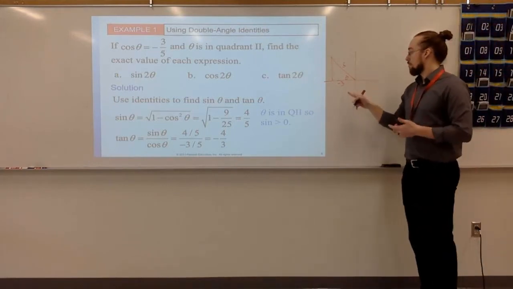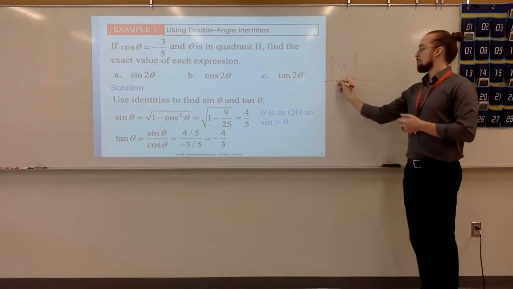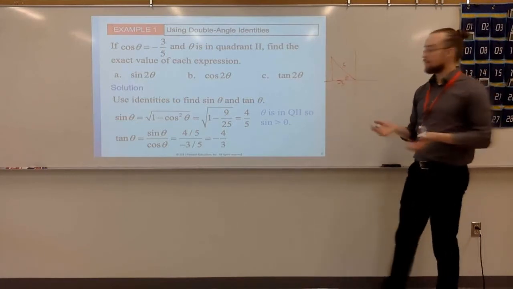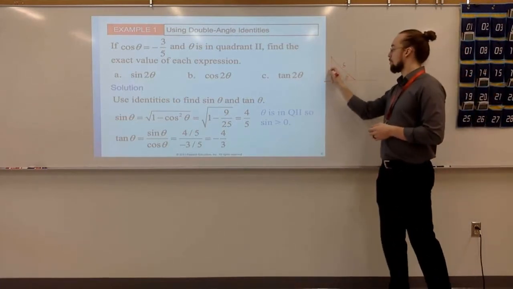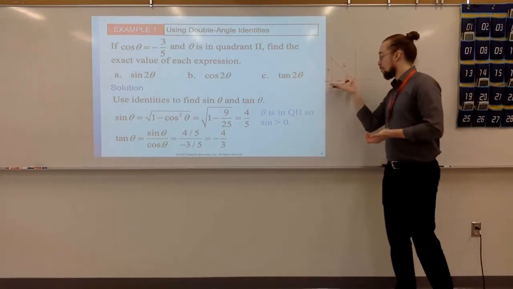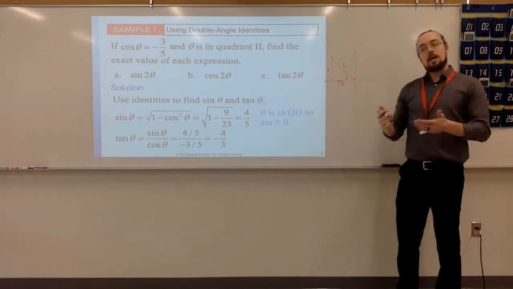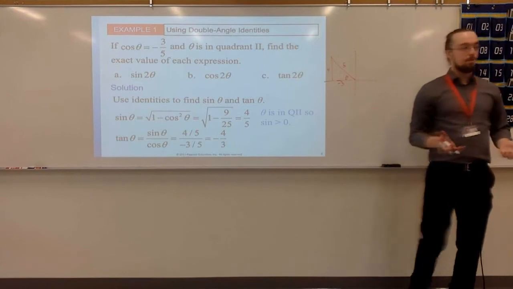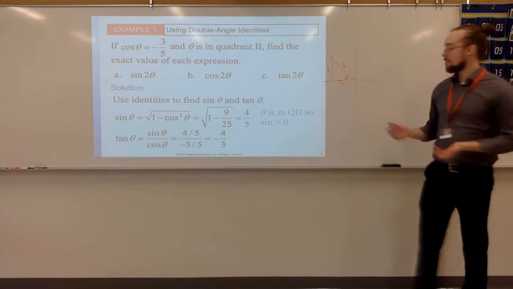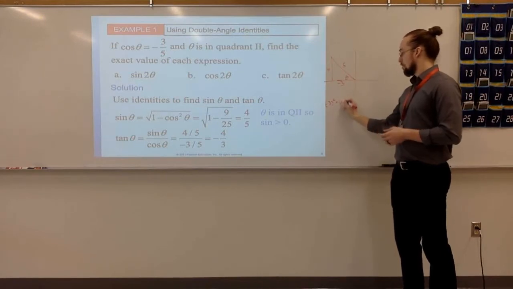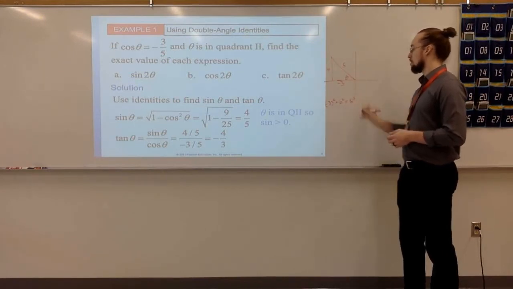If you recognize it right off the bat, this would be a 3, 4, 5 right triangle, so our missing side would be 4, and it would be +4 because the y value is positive here. If you don't recognize that it's a 3, 4, 5 right triangle, you can always use the Pythagorean theorem to find that missing side. So we could have done (-3)² plus b² equals 5².